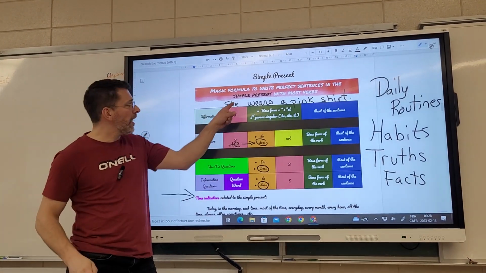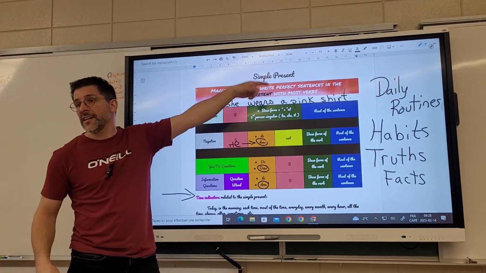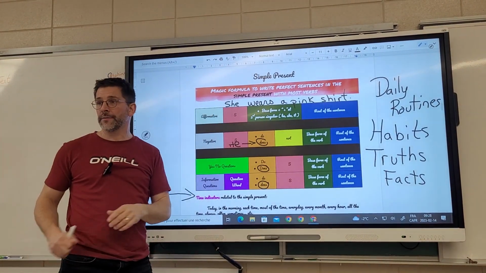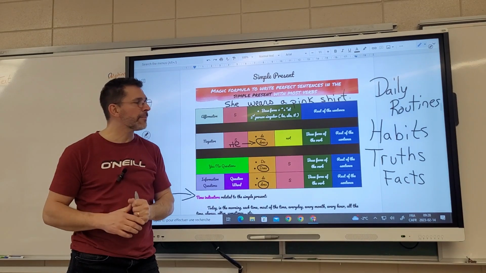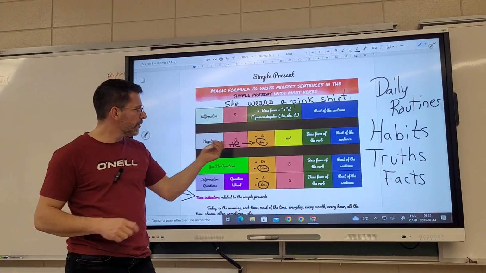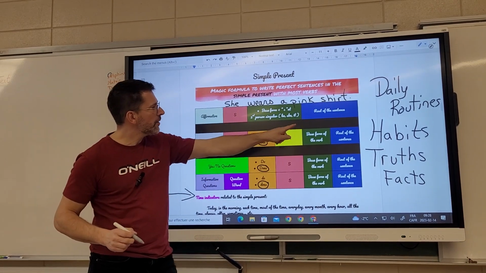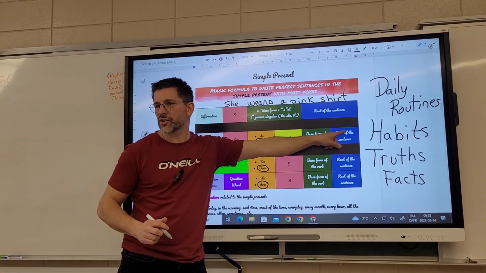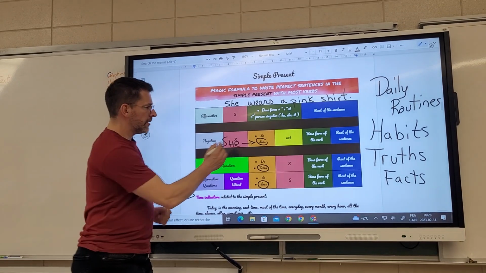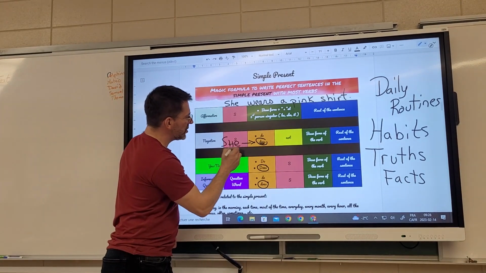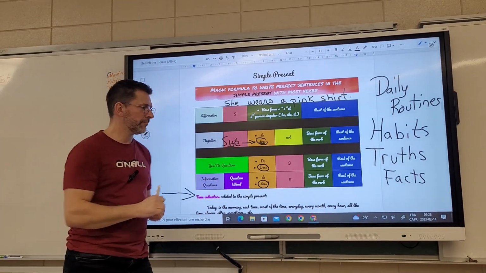For example, if you want to say that she does not wear a red or pink shirt today, you will write she does not wear a pink shirt on Valentine's Day. You use does because she is the third person singular.